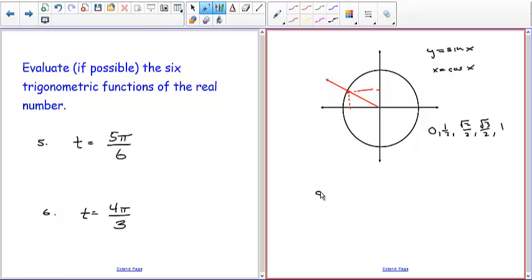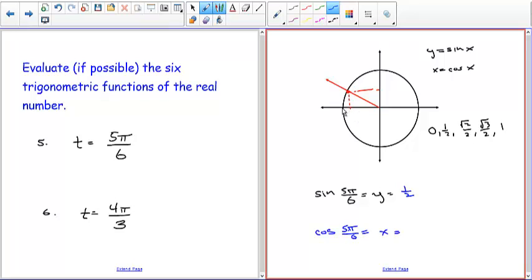So we're going to say the sine of 5 pi over 6 is equal to the y coordinate. The y coordinate is a half because we're right in the middle here. So it's going to be a half or 0.5. I'll use a half. And the cosine of 5 pi over 6 is equal to the x-coordinate.